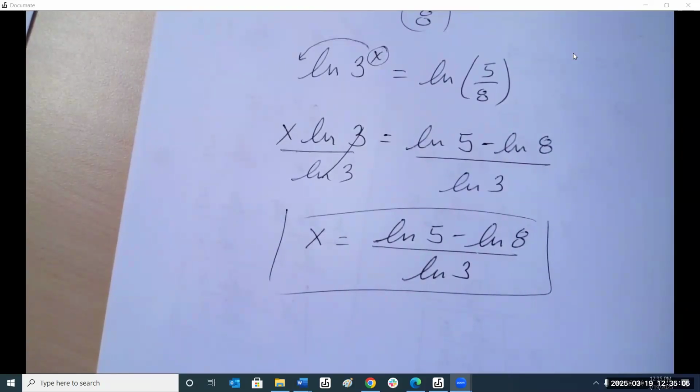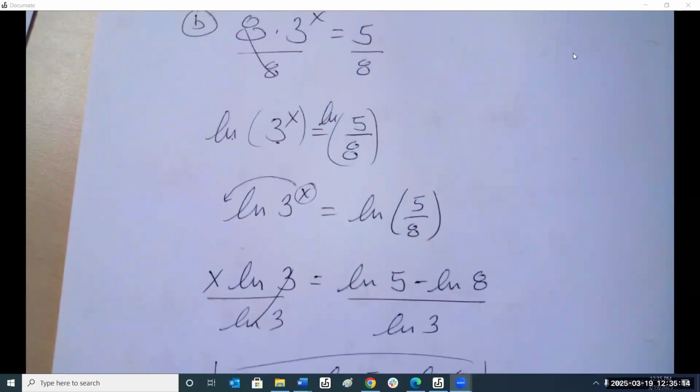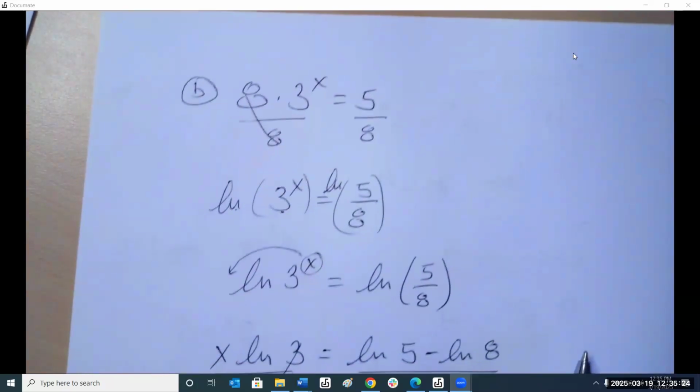Get that? Where did everybody go on these? I had ln 5 over ln 3, but I didn't have the minus ln 8 in the numerator because I didn't do the 8 in the very beginning. What did you do with the 8?